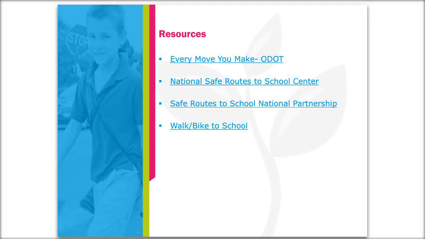The Safe Routes to School National Partnership has everything and anything under the sun related to Safe Routes to School. The information that was presented at the beginning of this presentation, the Safe Routes 101, is from the Safe Routes to School National Partnership. They have resources on how to present Safe Routes to School to people who may not understand, how to explain the importance. They have data.